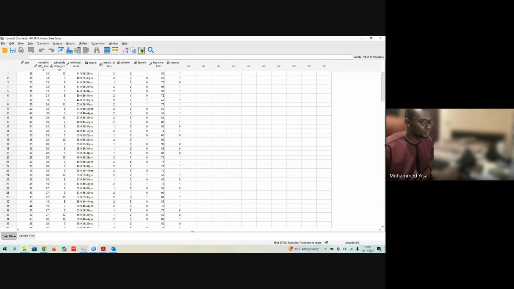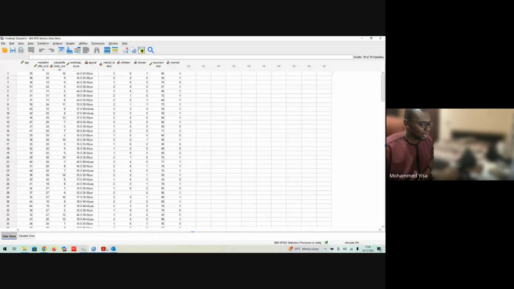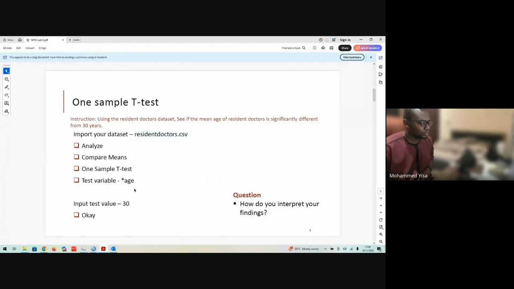This is the data view. This is the variable view. And our intention is to do a one sample t-test. So with our resident doctor data set, we are just trying to see if the mean age of the resident doctors is significantly different from 30 years.